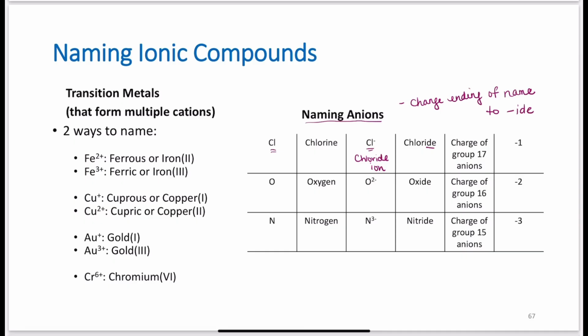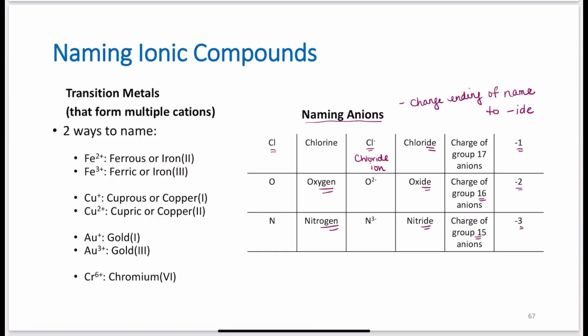So chlorine becomes chloride. Oxygen becomes oxide. Nitrogen becomes nitride. We dropped the end of the name and added IDE to it. Again, oxygen's family, group 16, always -2 charge. Nitrogen's family, group 15, always -3. Halogens, always -1.